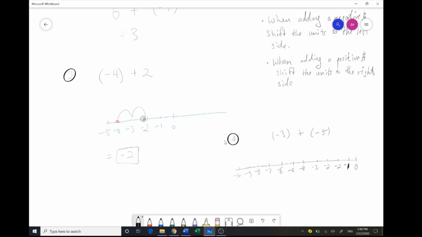Okay, so that's the negative numbers from 0 to -10 on the number line, and the question is -3 plus -5.